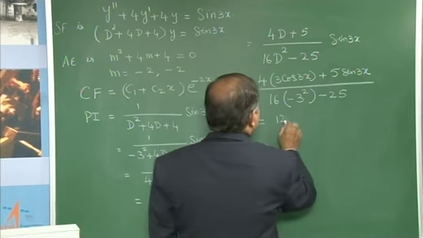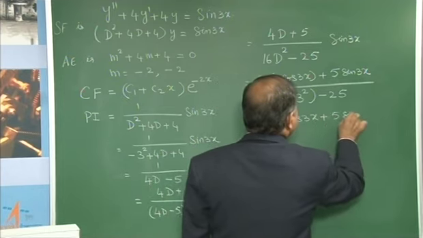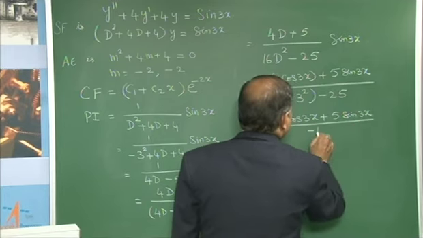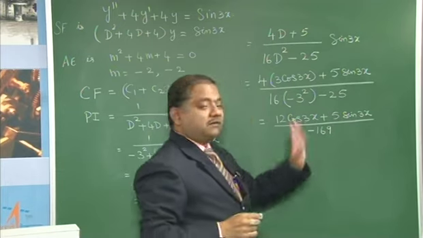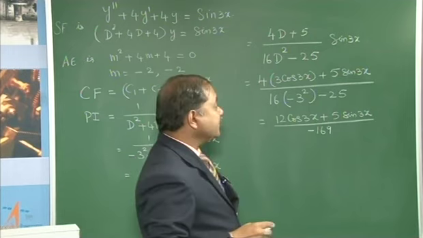So 12 cos 3x plus 5 sin 3x divided by minus 169, 16 into 9, then 25 added with the negative symbol, correct.